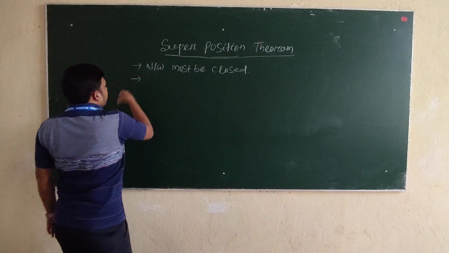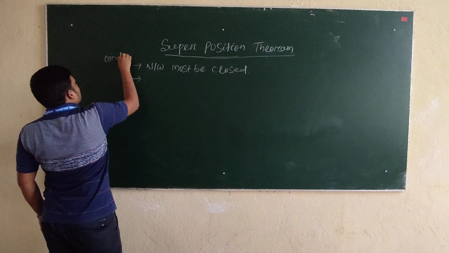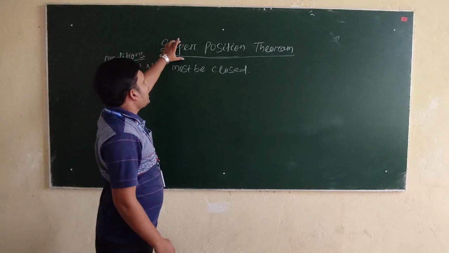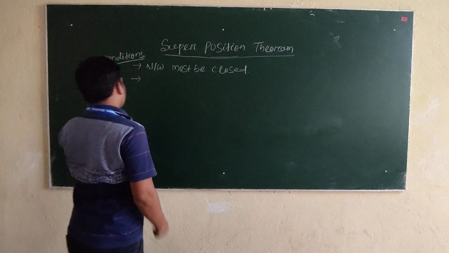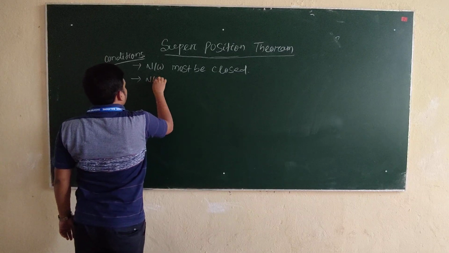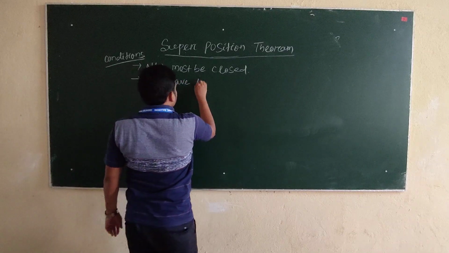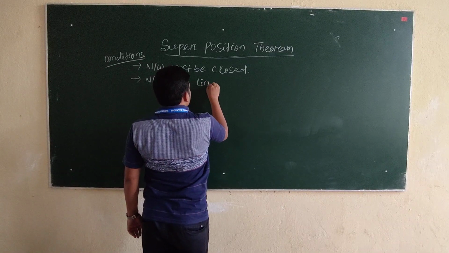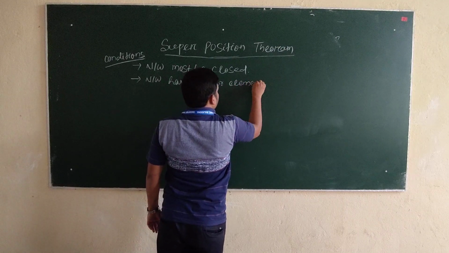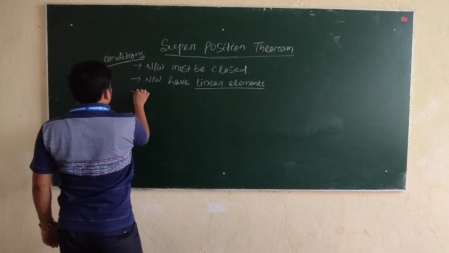These are the conditions to apply the superposition theorem. Second one is, the network must have linear elements. What are linear elements? We will discuss later.